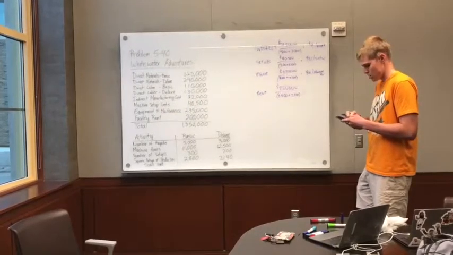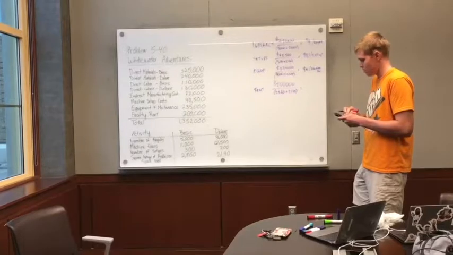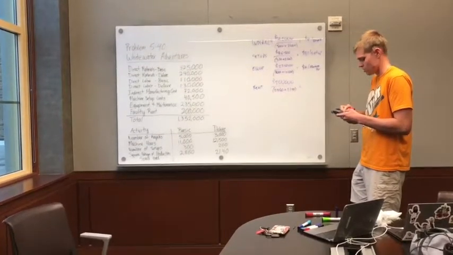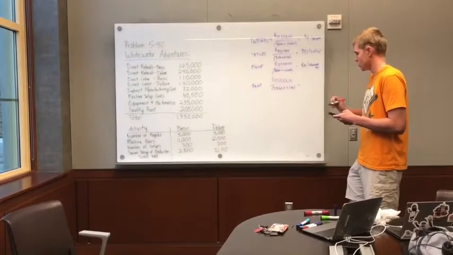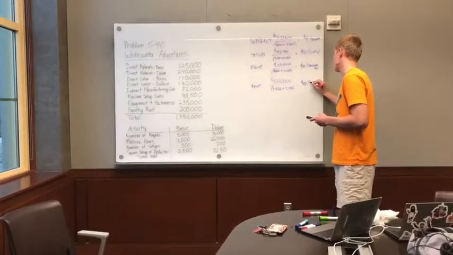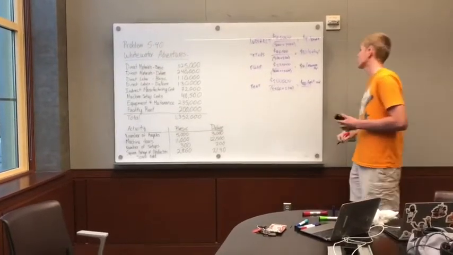Calculator. So that's a total of 5,000 square feet. That's going to be $40 per square foot used. And those are your costs per unit.